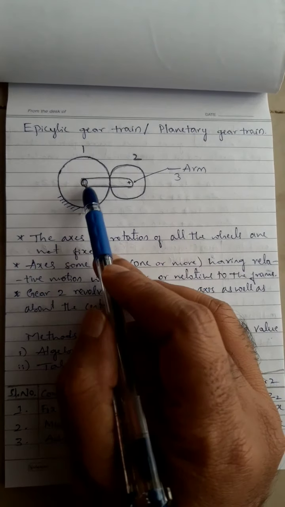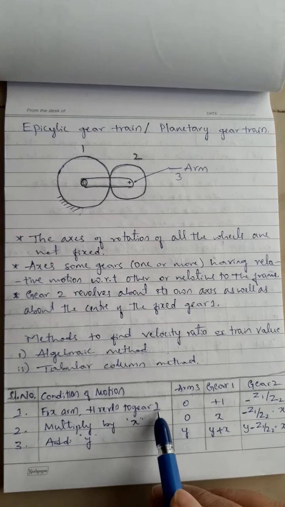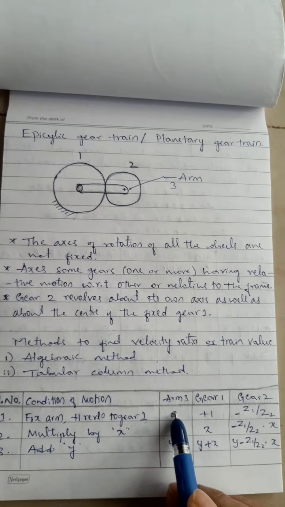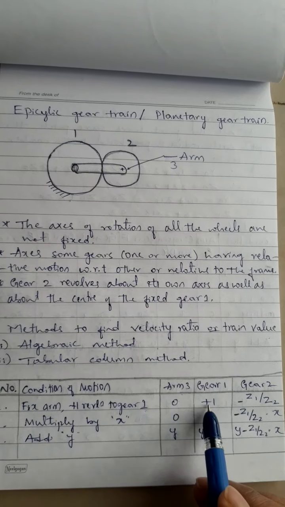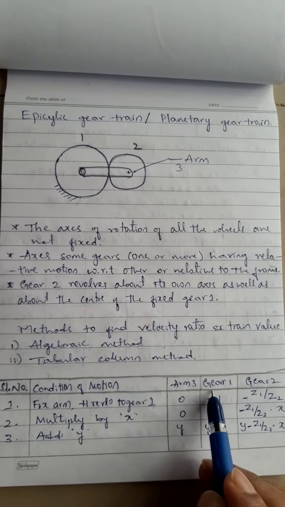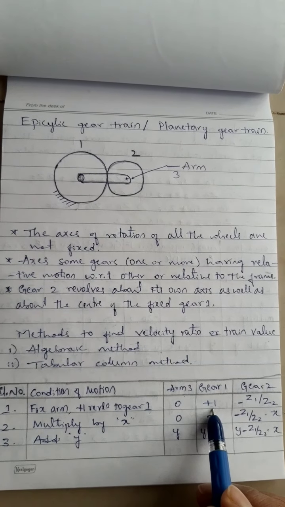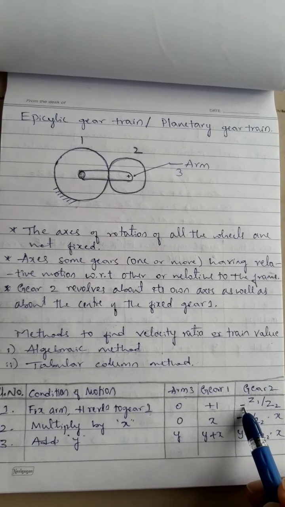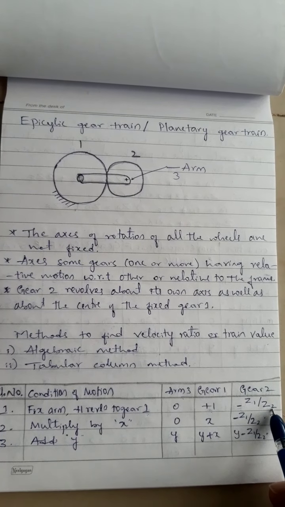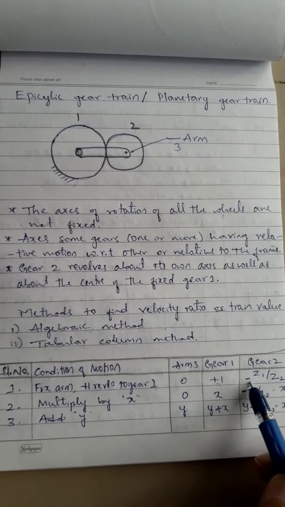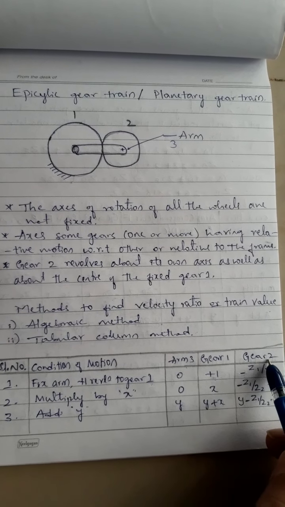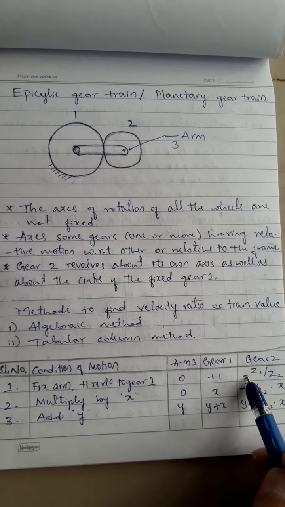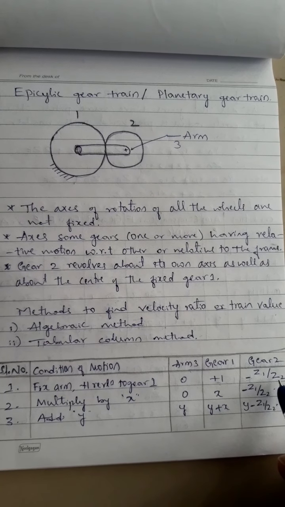In the arm column I will write 0, since the arm is fixed, and since we have given +1 revolution to gear 1, I will write gear 1 as 1. Therefore in the gear 2 column I write minus Z1 by Z2. The negative sign indicates that gear 2 will rotate in the opposite direction of gear 1.